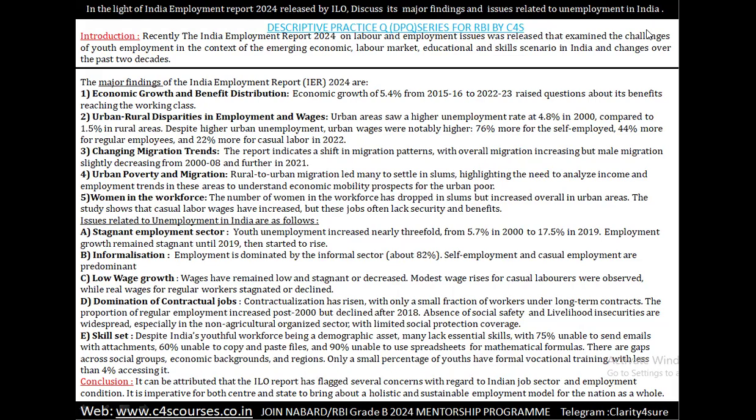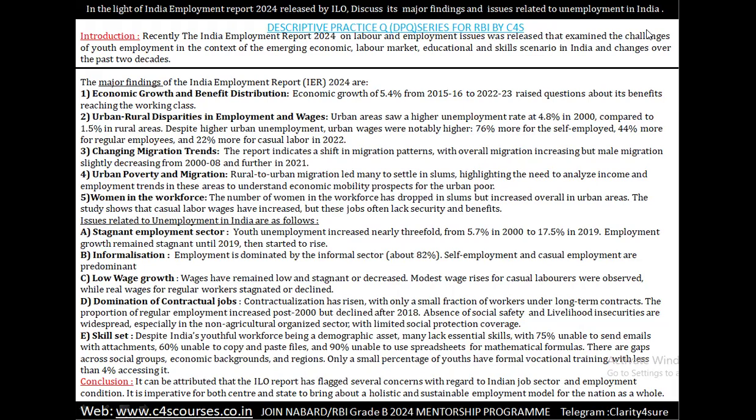The next point talks about low wage growth. Here the wages have remained low and stagnant over the years, and only modest wage rises for casual labourers have been observed. The next point is about the domination of contractual labour. Even contractualization has risen.